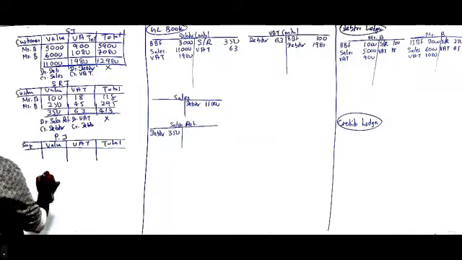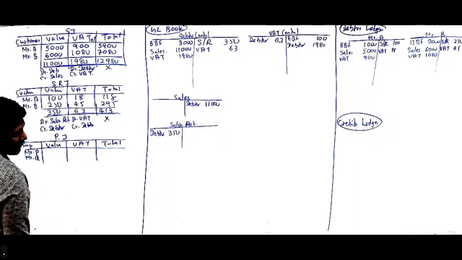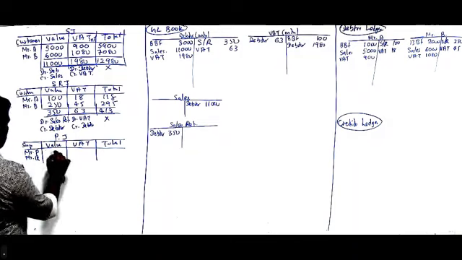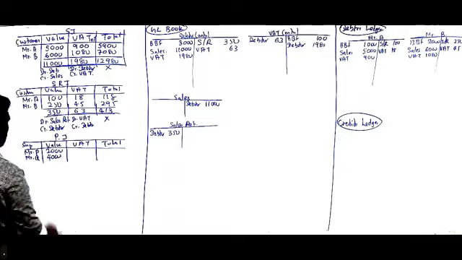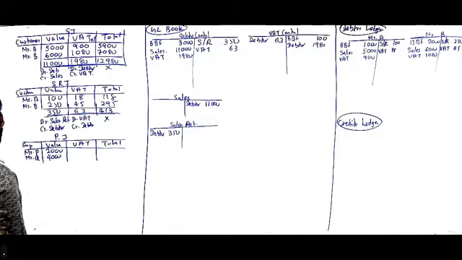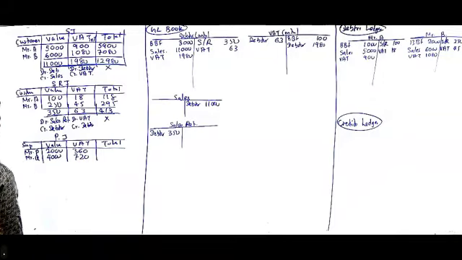So suppliers we have Mr. P and Mr. Q. What are the values? 2000, 4000. Tell me the VAT percentage. 18% now. 360. 720.